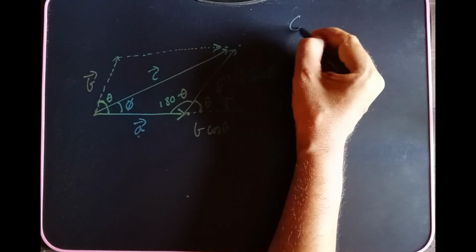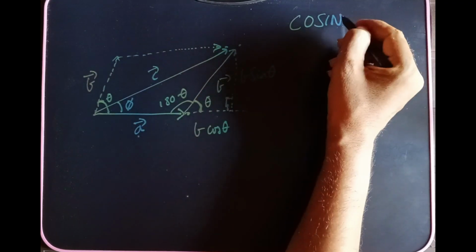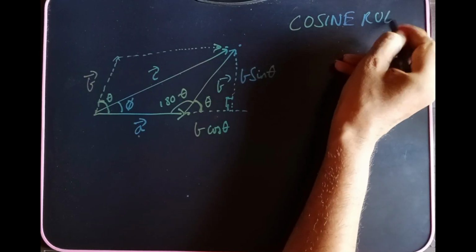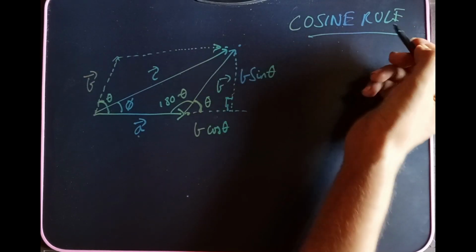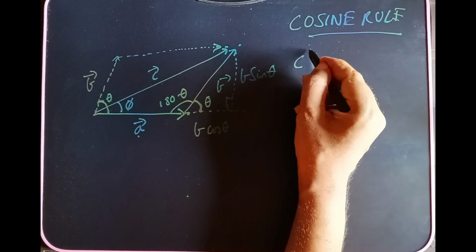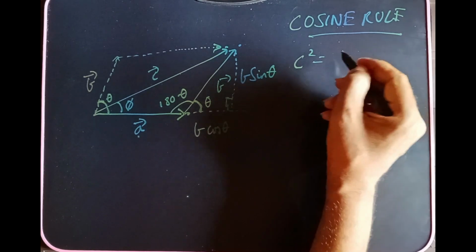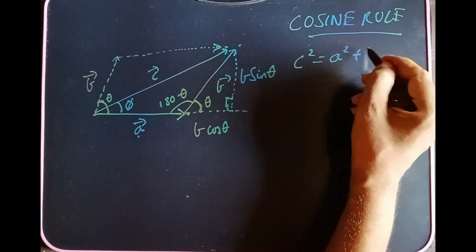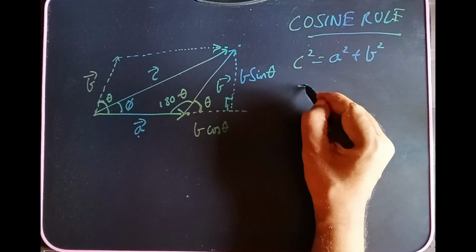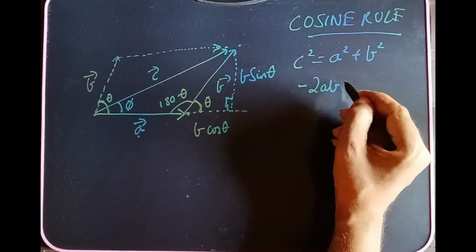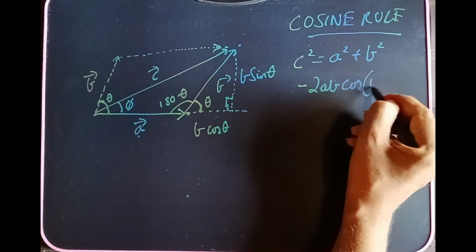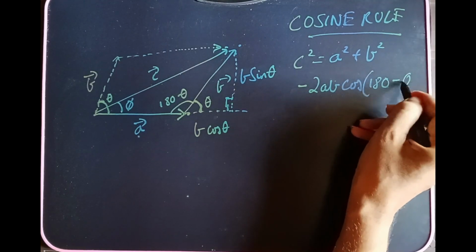So using the cosine rule, we can say that C square is equal to A square plus B square minus 2AB cos of 180 minus theta.